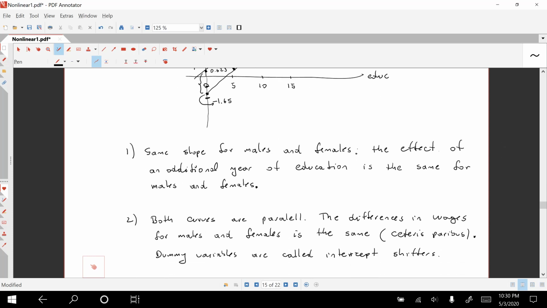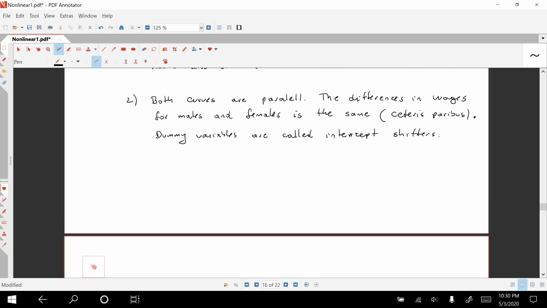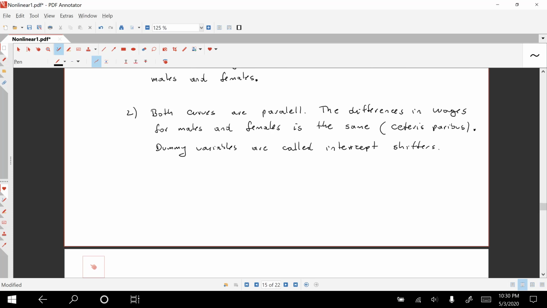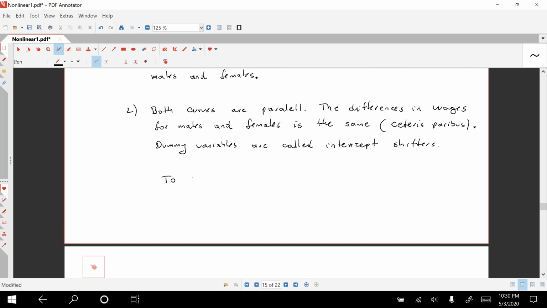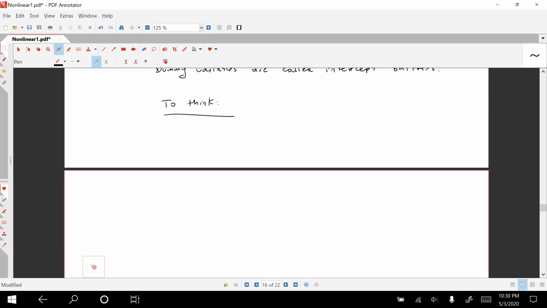The other thing is, I want you to be thinking about how you would go about interpreting the coefficients, for example, of a model where you have the log of wage as the dependent variable, and as explanatory variables, we have education and female.